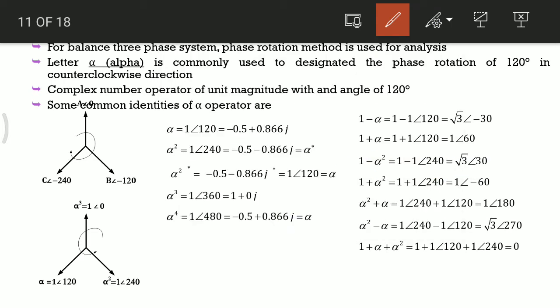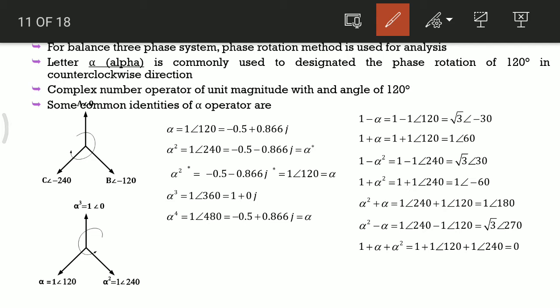Only remember one or two values. The main value is alpha, 1 at an angle of 120 degrees, and also remember its rectangular form, minus 0.5 plus 0.866 j. We also don't need any other values like alpha square or alpha cube.